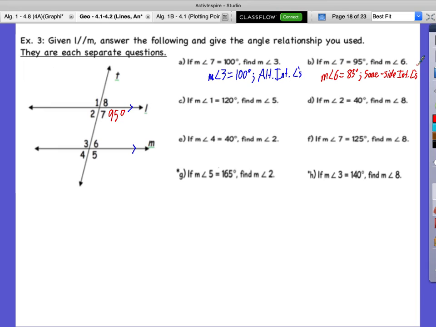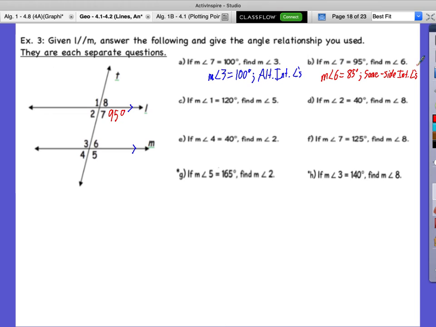It's like 3, 4, 5, and 6. They're opposite sides of the transversal. So our 3 and 6 are opposite sides of the transversal. 4 and 5 are the same. When the two lines are parallel, what is it going to be?